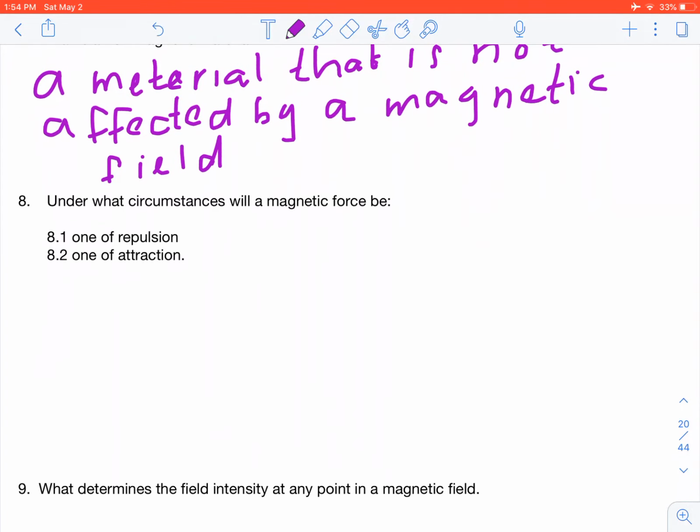Under what circumstances will a magnetic force be one of repulsion and one of attraction?